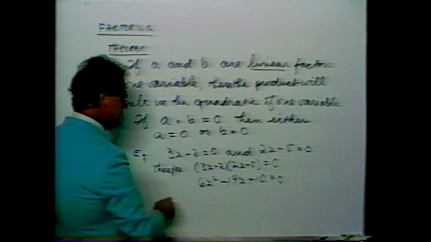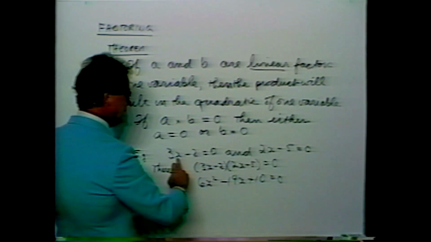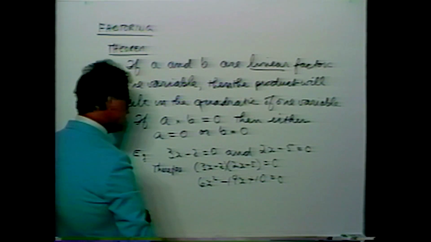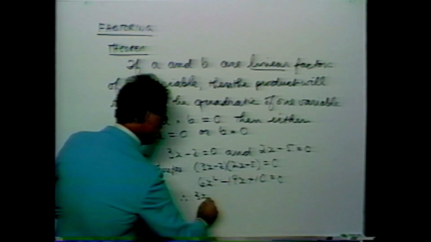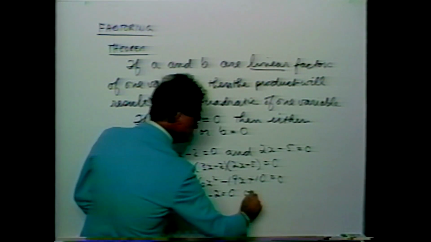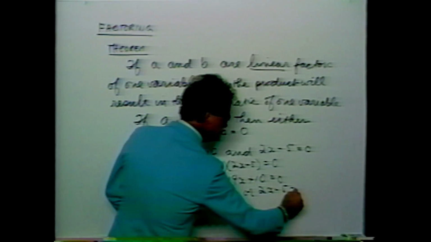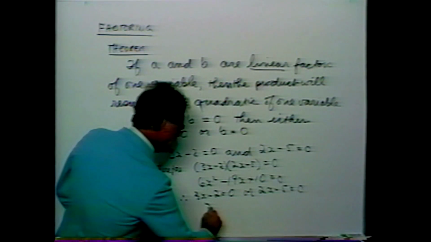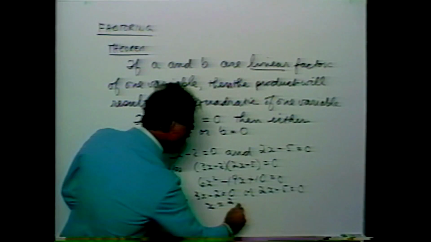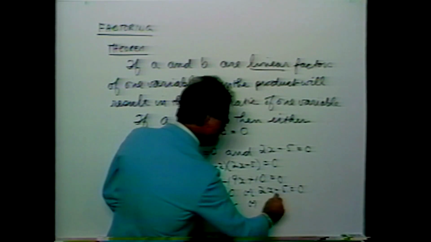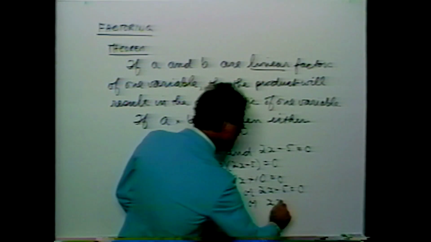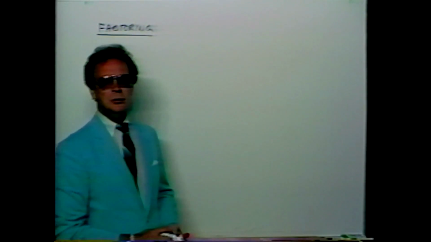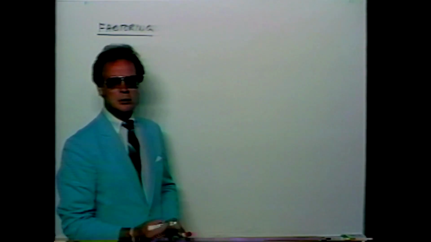By factoring, we can conclude that the linear factors 3x minus 2 equals 0, or 2x minus 5 equals 0. Consequently, from this linear equation, x is equal to 2 over 3, or from this equation, x is equal to 5 over 2. Let's verify that these two roots are the solutions to the equation given.